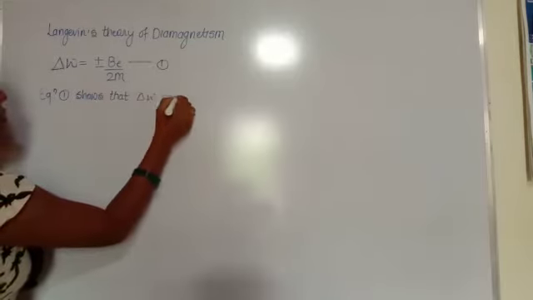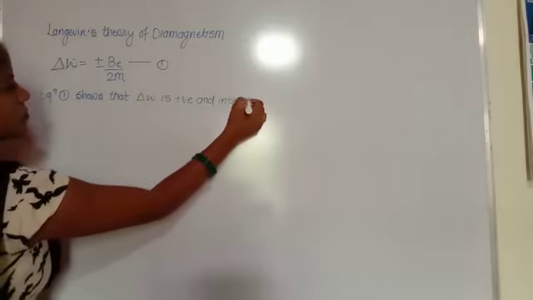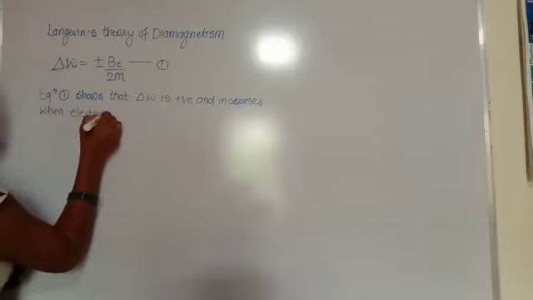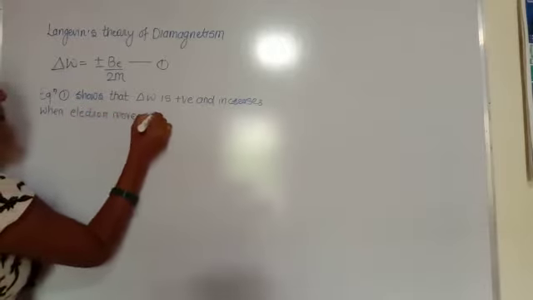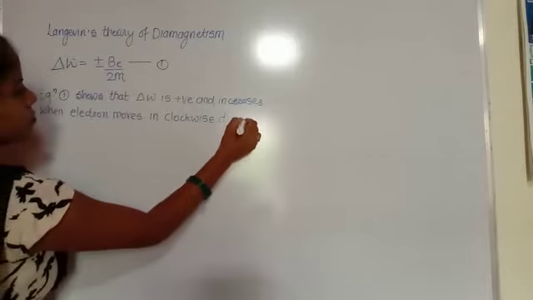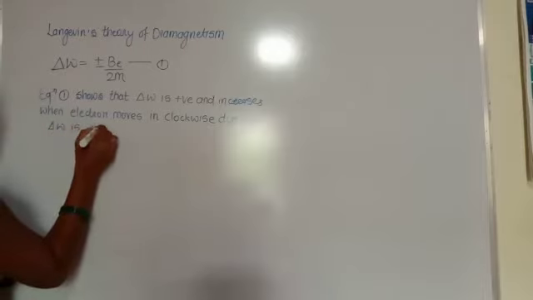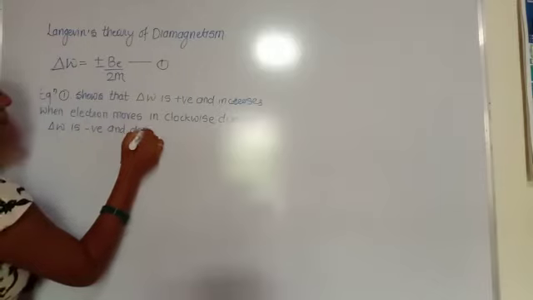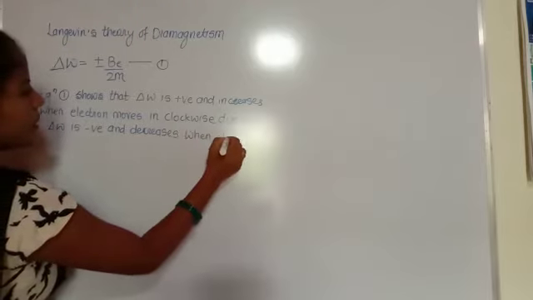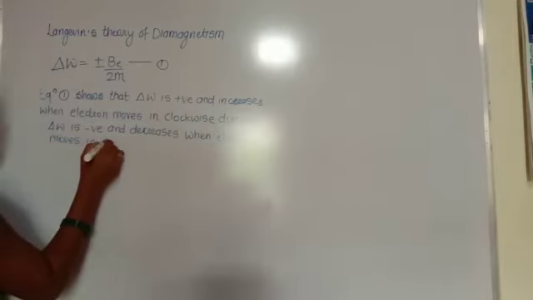delta omega is positive and increases when the electron moves in the clockwise direction, and delta omega is negative and decreases when the electron moves in the anti-clockwise direction.